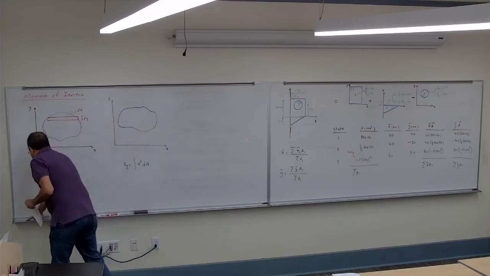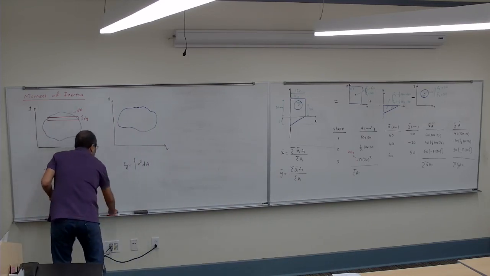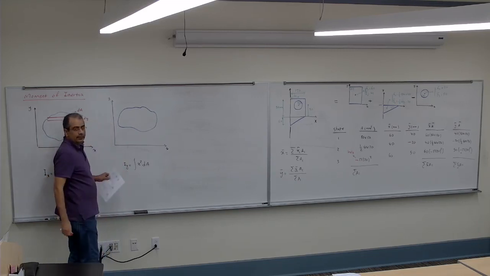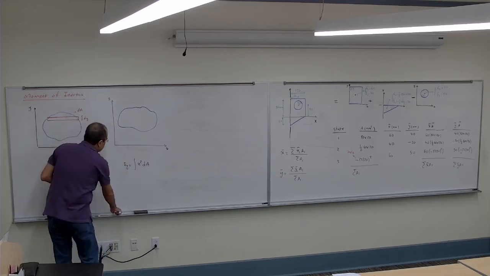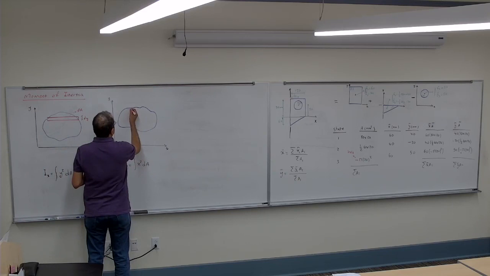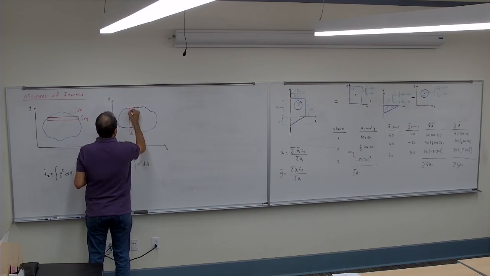Now this time I want to find the moment of inertia about Y, so the element I choose should be parallel to the Y. So it's going to be dx, and this is going to be dA.